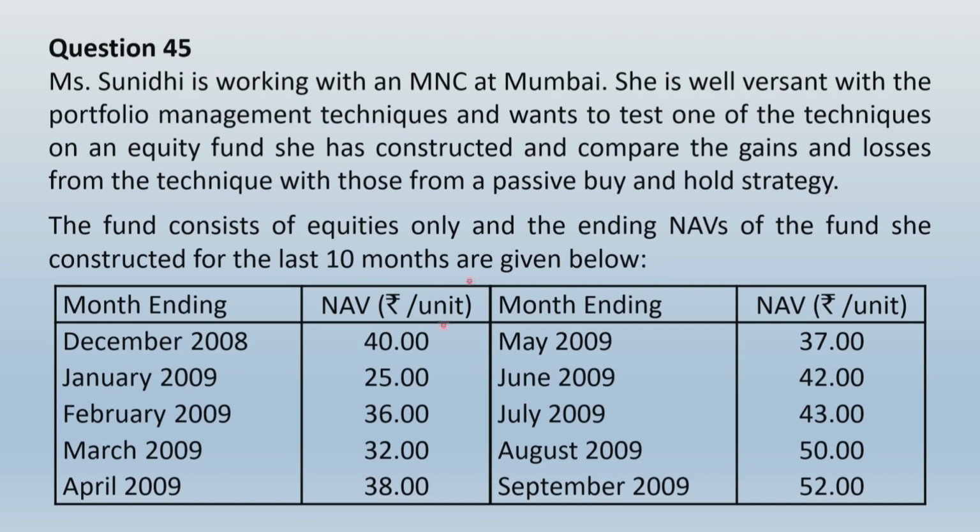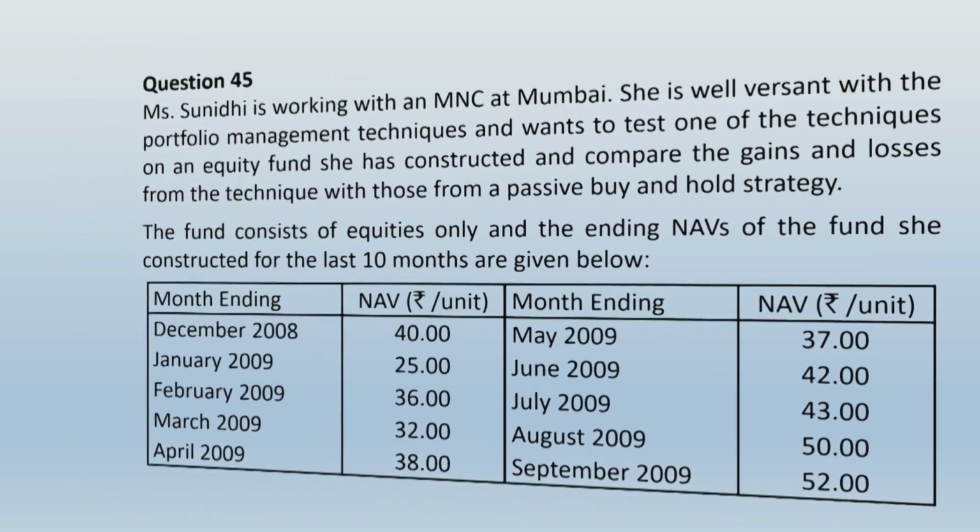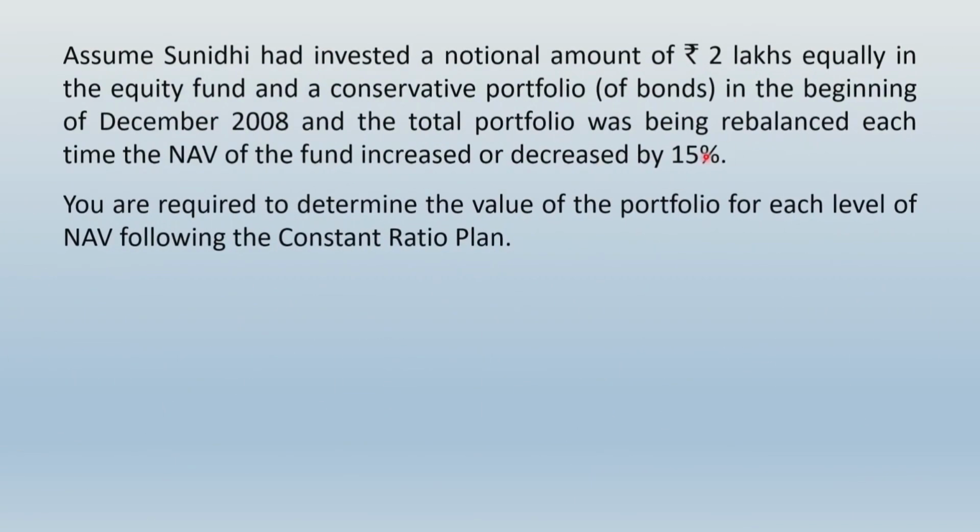But over here, when so much price movement is found every month, whichever month you find that the price movement is 15% or more, taking care of that condition, you are going to rebalance your portfolio. Now, how to present the solution of this particular question? I would strongly recommend that you follow what exactly I am doing over here.